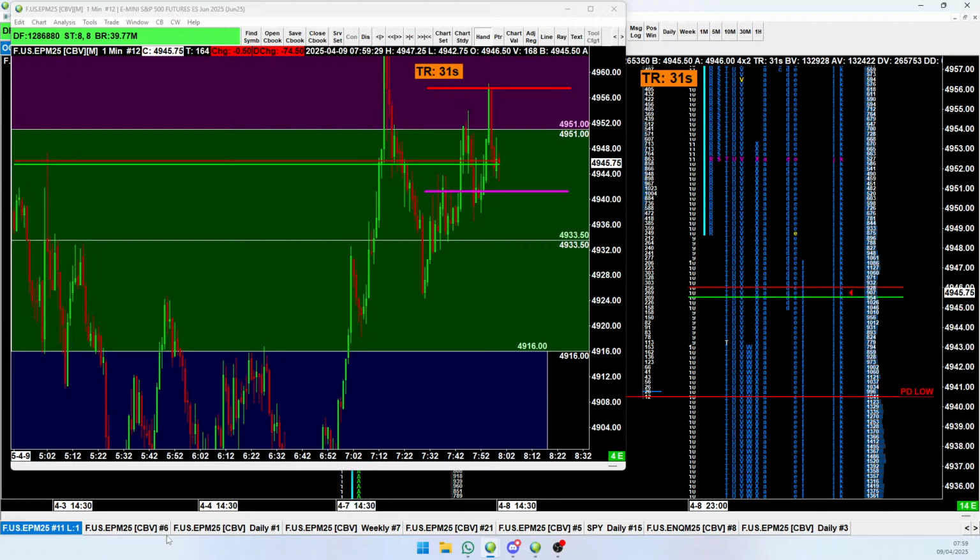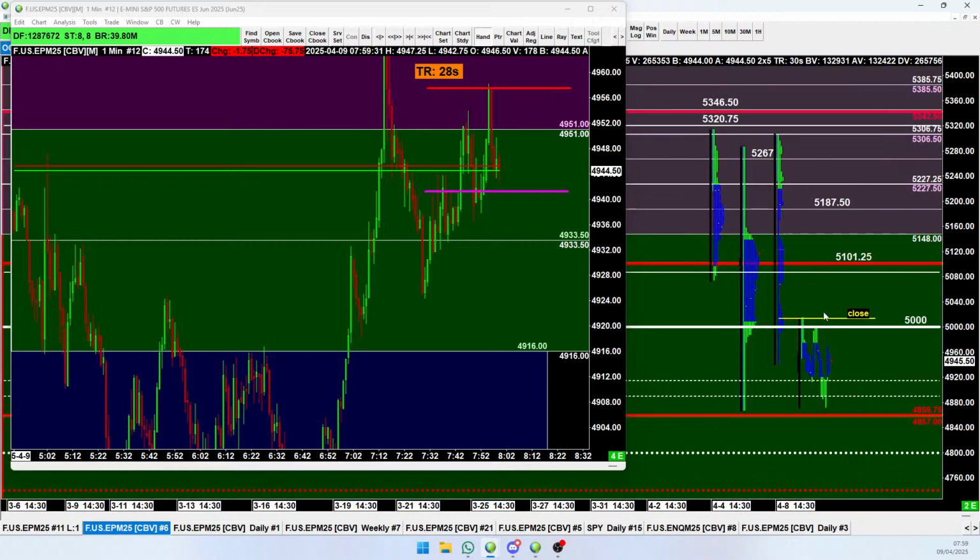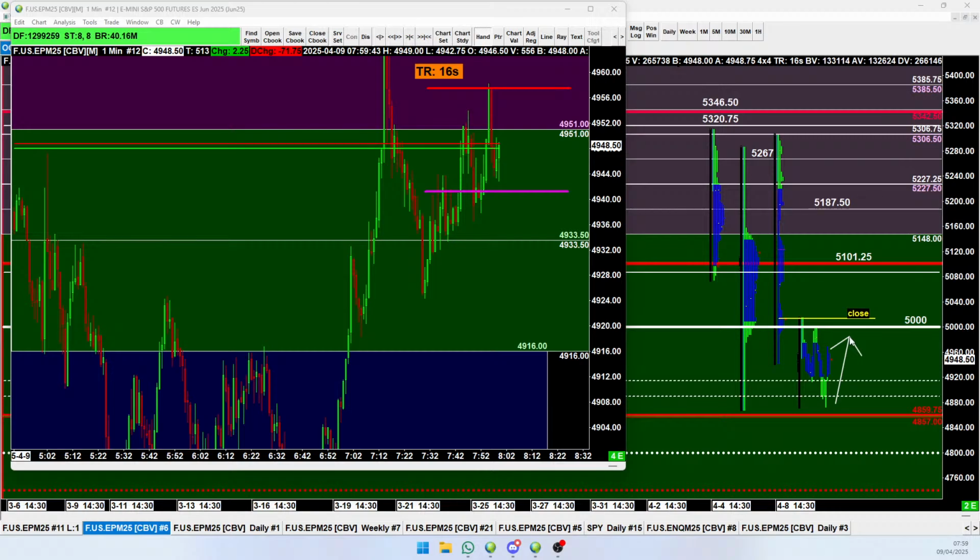Now, here's the question: inventory is short, so the markets are acting as normal. When inventory is short, you look for that move higher. Can we get back above the close? Let's see. That's the question of the evening.